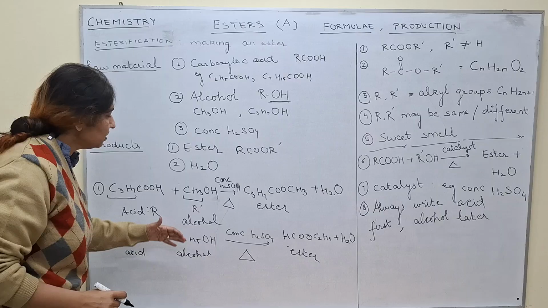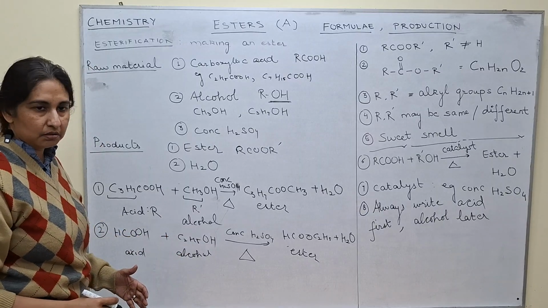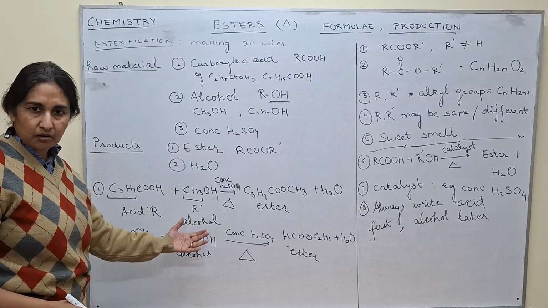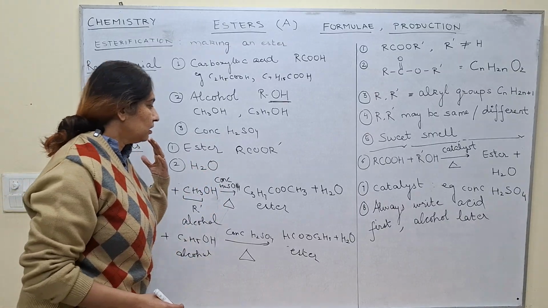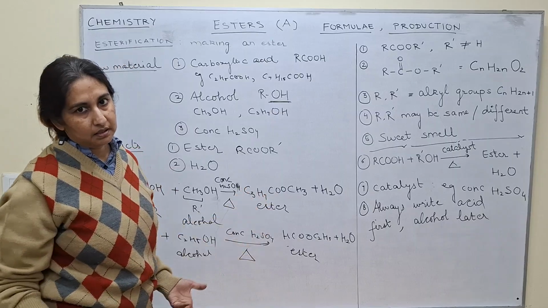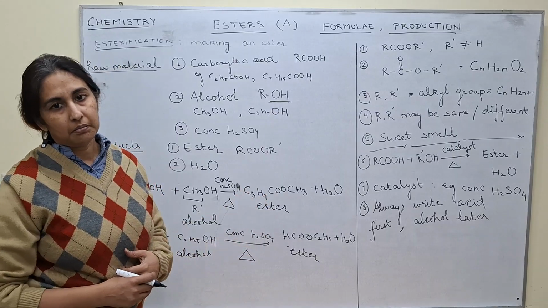So this is what esterification is. Take an acid, take an alcohol, heat it, put a catalyst H2SO4, and you get the ester as a product and water as a byproduct.